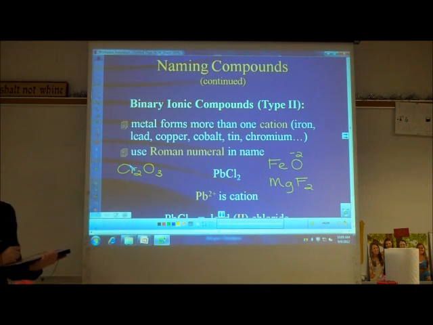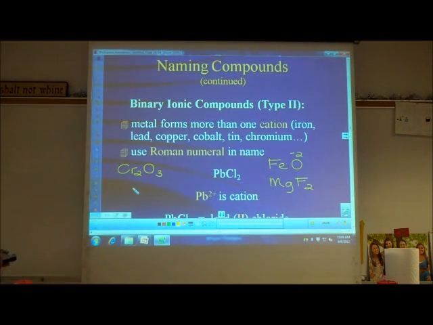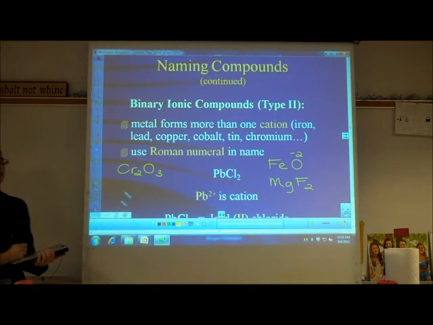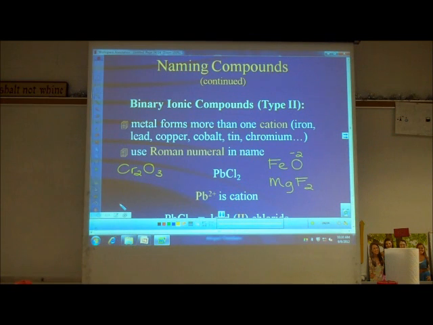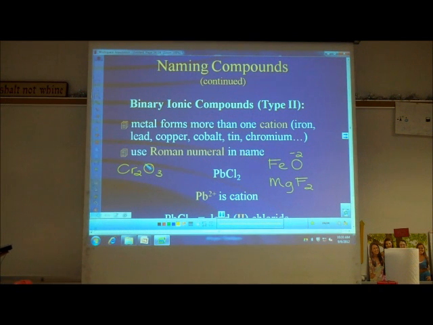First of all, what element by name is that? Chromium. Okay. It's a transition metal. It needs a Roman numeral. What do you think? Be careful with this one. You look again to the non-metal. You guys told me earlier, oxygen is always -2.